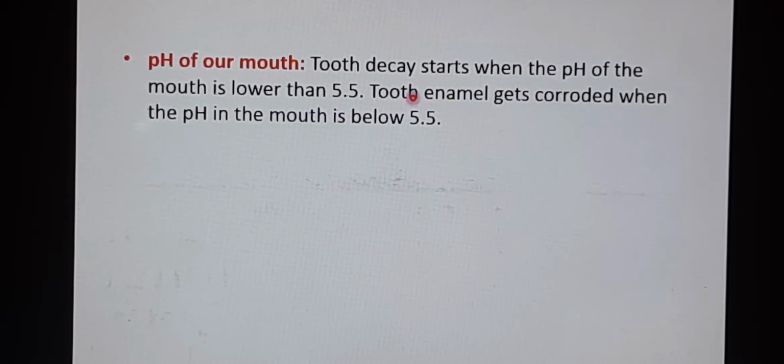In this case, your tooth enamel will get corroded, and your teeth will get damaged. So that's why you always have to remember, the toothpastes which we use are also made up of basic substances, so that those bases always neutralize the acids or acidic effect in our mouth.